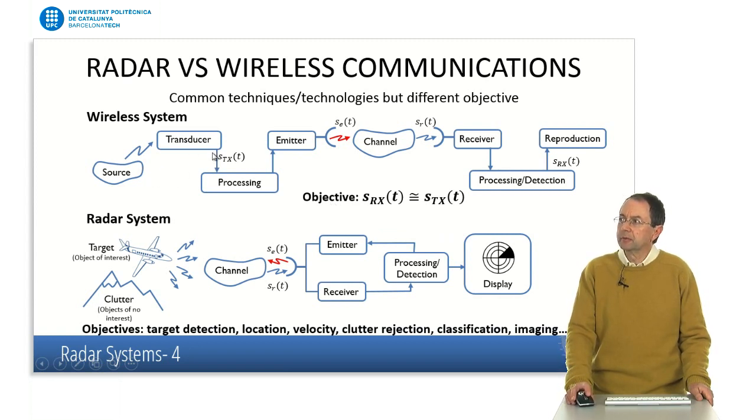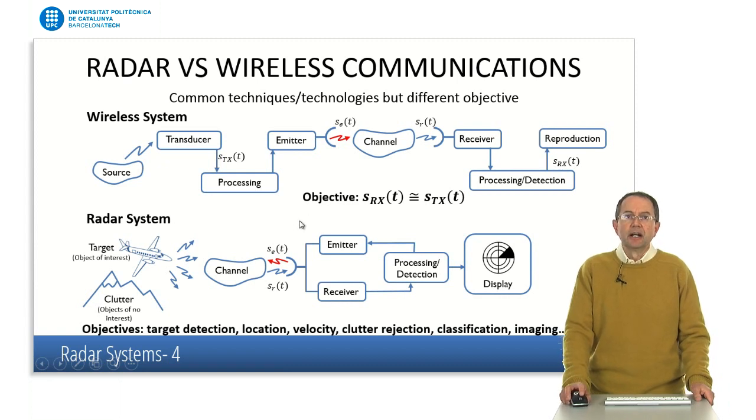We convert it into an electrical signal with a transducer, and then after some processing and an emitter, we are able to transport this information over a long range. A receiver does the opposite of the transmitter, decodes the radio frequency signals and finally obtains what is hopefully a faithful reproduction of the original signal or information.